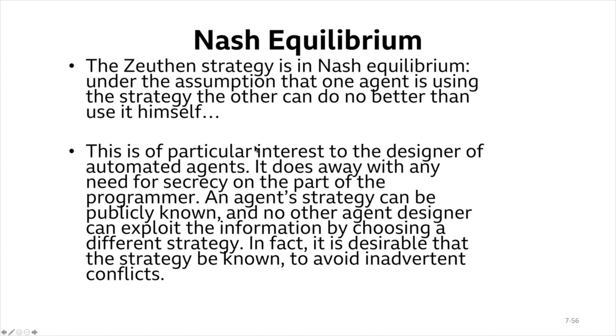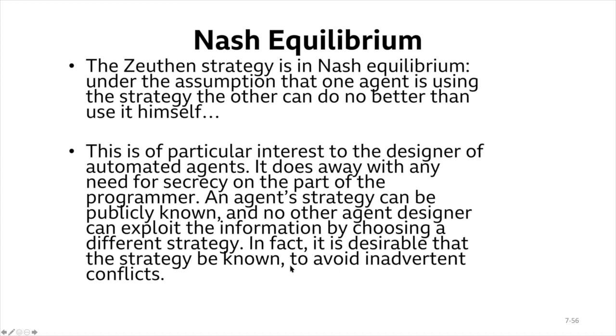They said, this is of particular interest to the designer of automated agents. It does away with the need for secrecy on the part of a programmer. An agent strategy can be publicly known, and no other agent designer can exploit that information by choosing a different strategy. In fact, it's desirable that the strategy be known to avoid inadvertent conflicts.